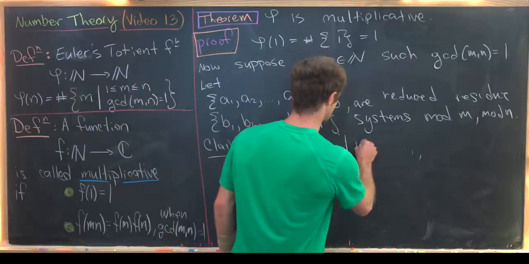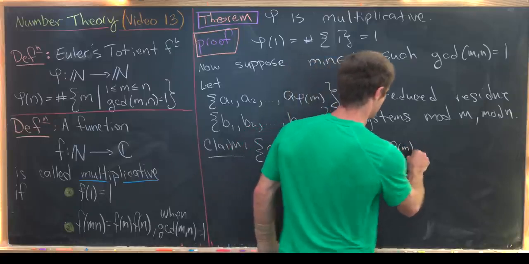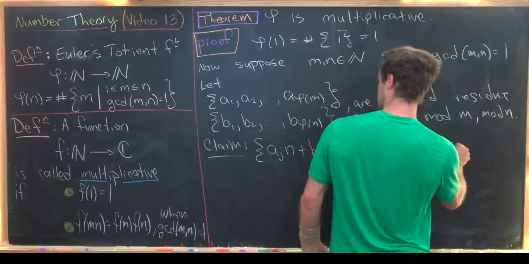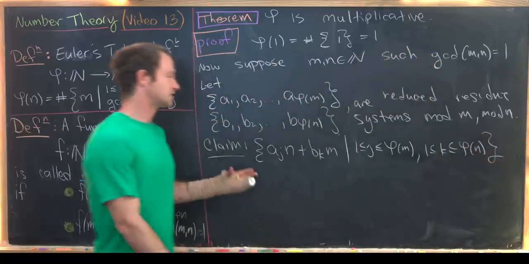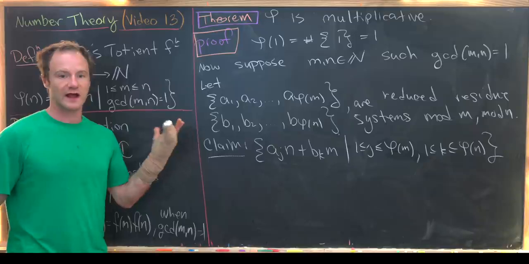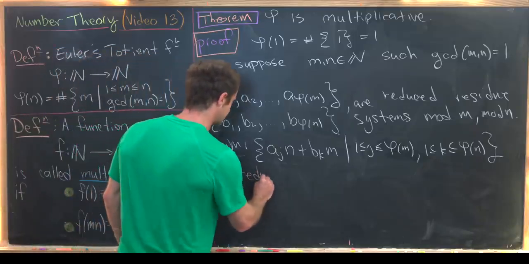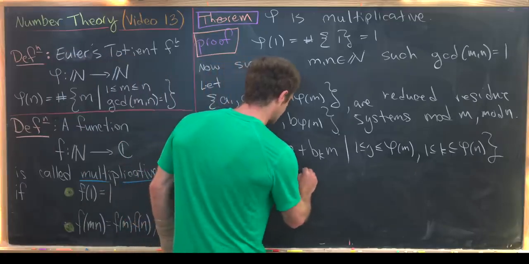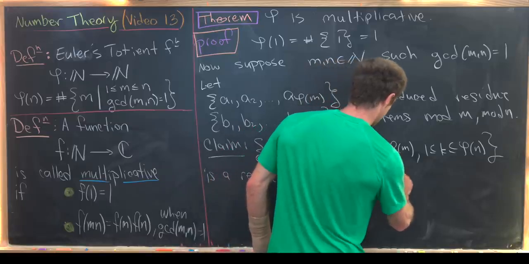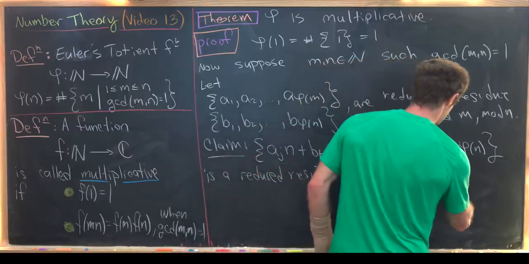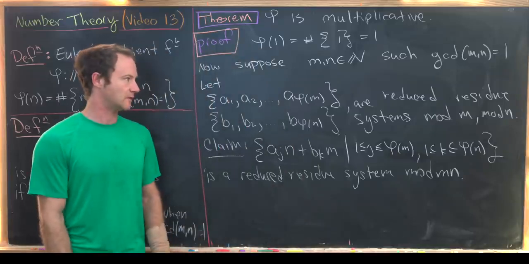So let's see, that means J must go between 1 and phi of m, and then K must go between 1 and phi of n. So this is the set that we're looking for, and our claim is that that is a reduced residue system modulo mn.